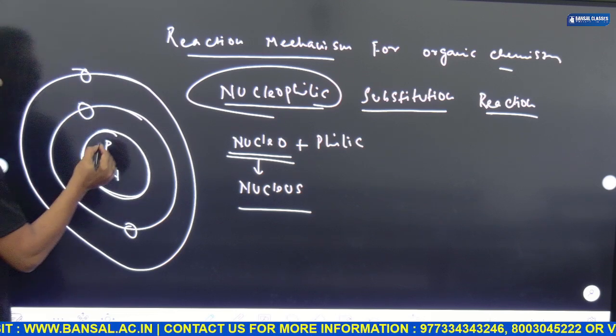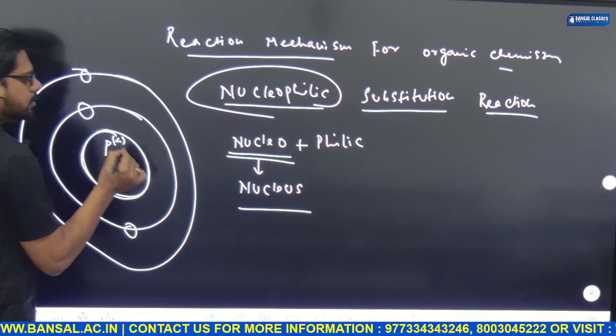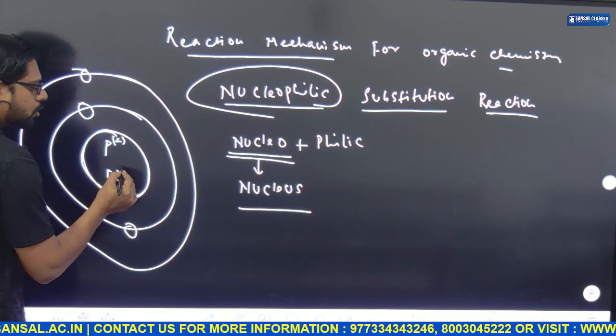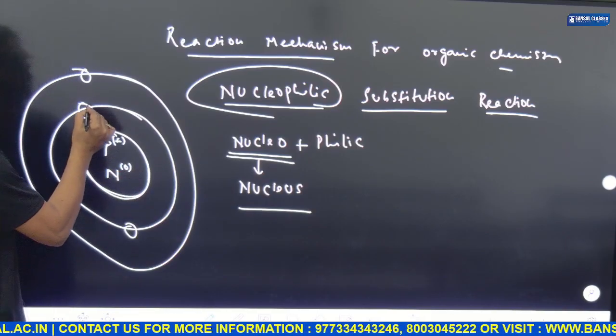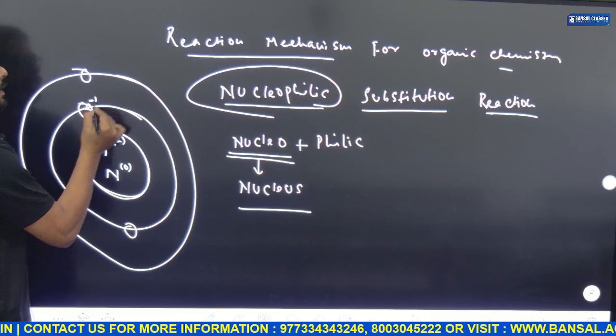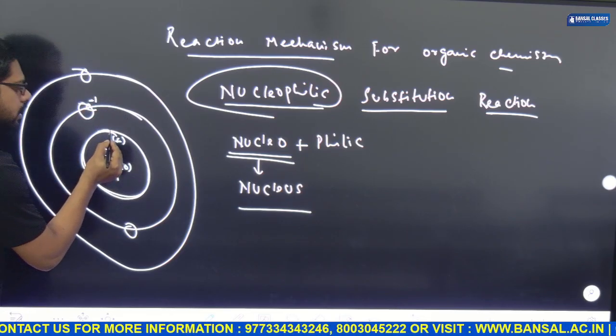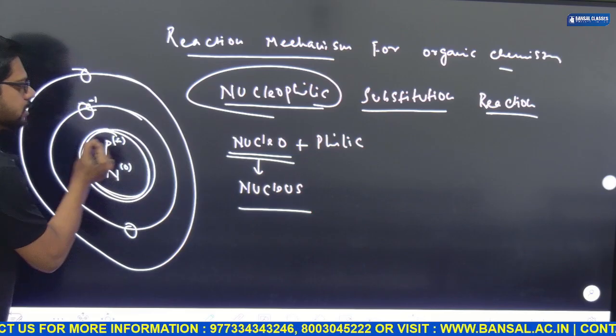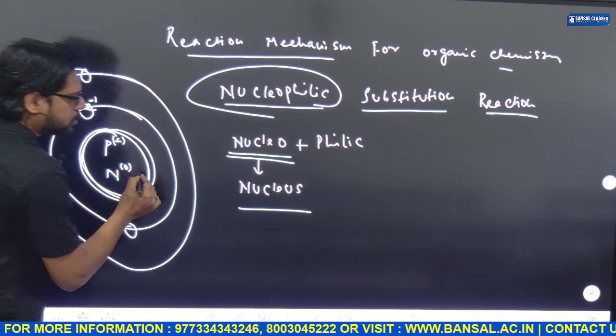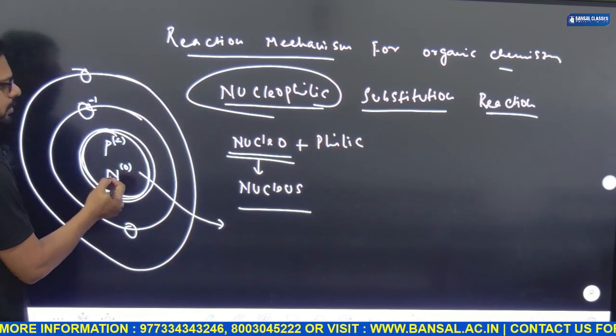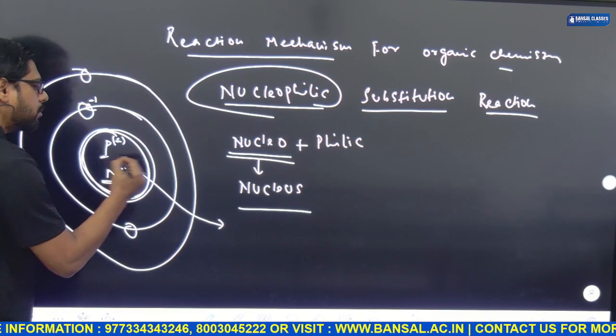We also know that proton has a positive charge, and neutron has zero charge. Similarly, the electron has a negative charge. So if we are considering only the nucleus, then whatever charge we get, we have a zero charge and a positive charge.